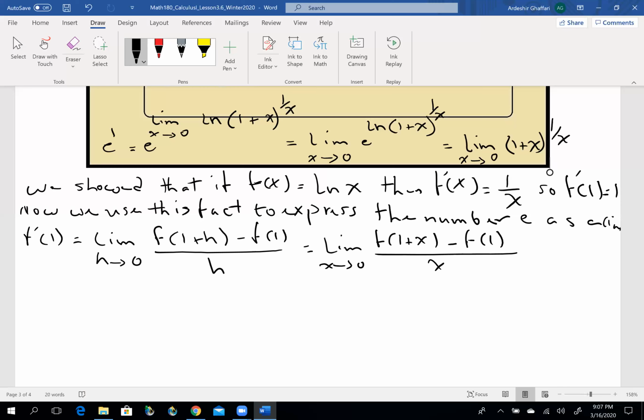So that is equal to the limit as x approaches 0 of natural log of 1 plus x, minus natural log of 1, over x.